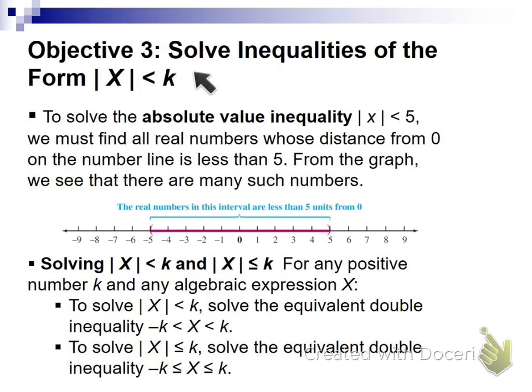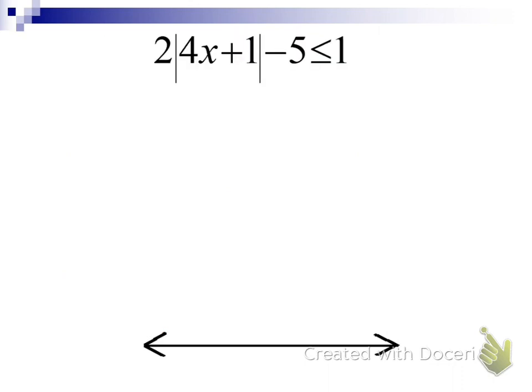Objective number 3, we're going to solve inequalities of the form absolute value less than. When it's an absolute value less than, we need to recognize that this is an and compound inequality. Now I'm going to bounce ahead real quick.